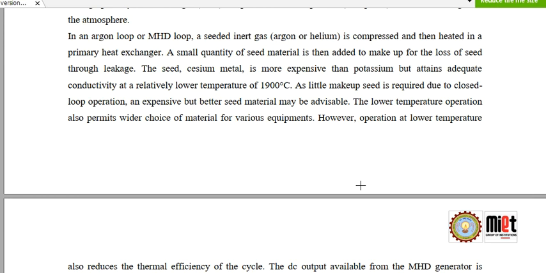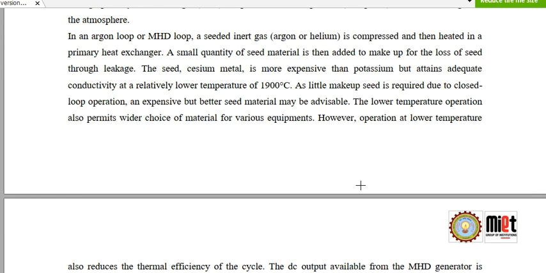The advantage of this material is that it gains reasonable conductivity at a lower temperature of around 1900 degrees Celsius. We saw that the temperatures in the open cycle system were as high as 2300 to 2700 degrees Celsius.